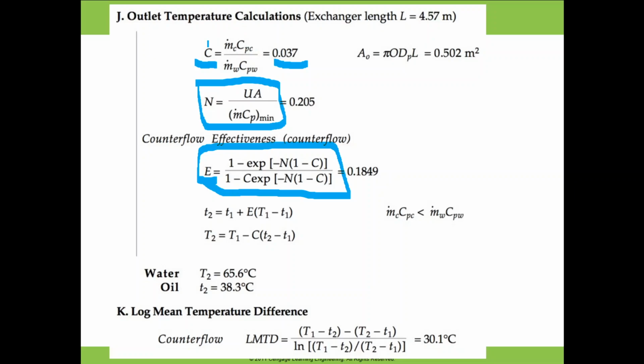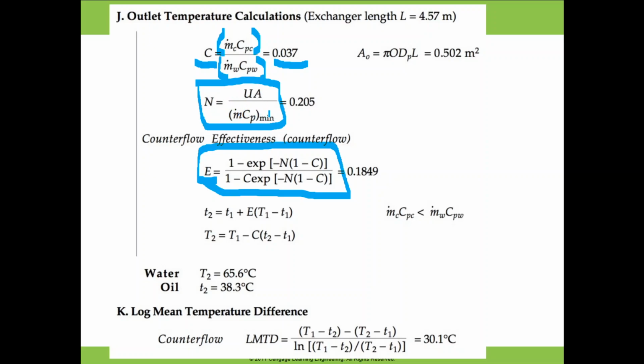Remember, the C formula is the capacity minimum over capacity maximum. The capacity for the cold fluid is minimum, and the capacity for the warm fluid is maximum. So this is basically the min over max, which comes out to be 0.037. When we calculate the number of transfer units, this is UA over mCp minimum.